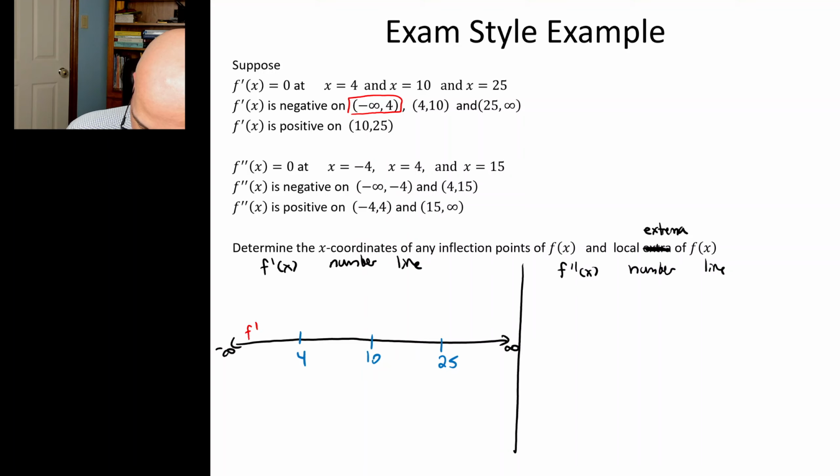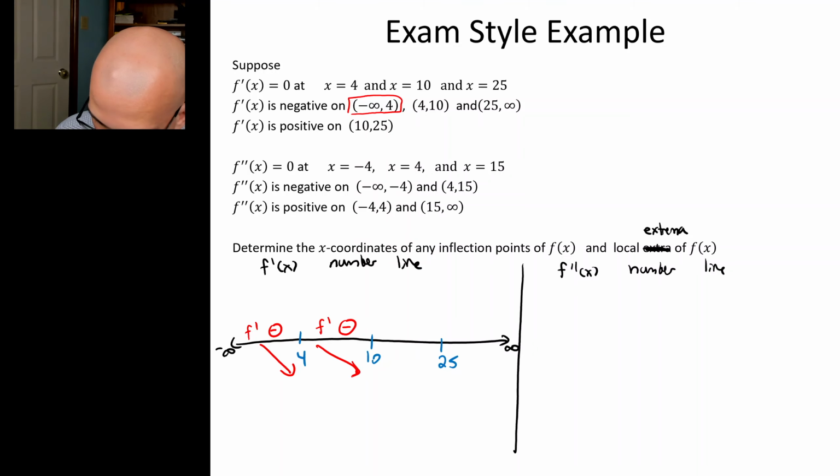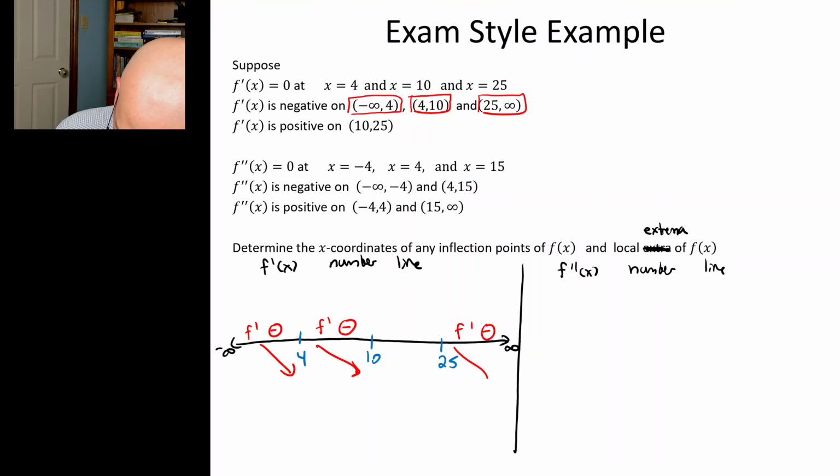So f prime negative. That's decreasing in that region. And it's also negative from 4 to 10. So it's decreasing in that region. And 25 to infinity. So it's decreasing in this region.